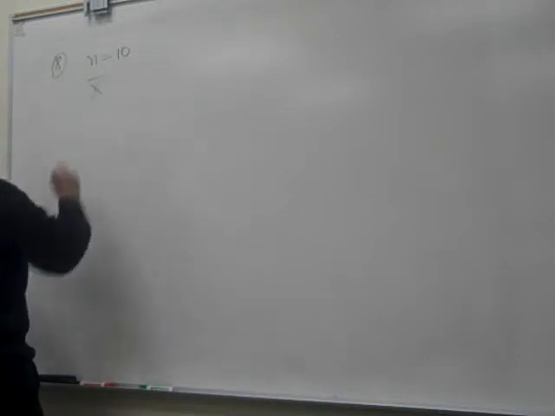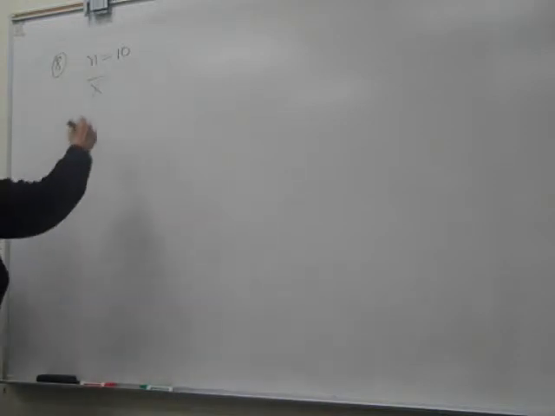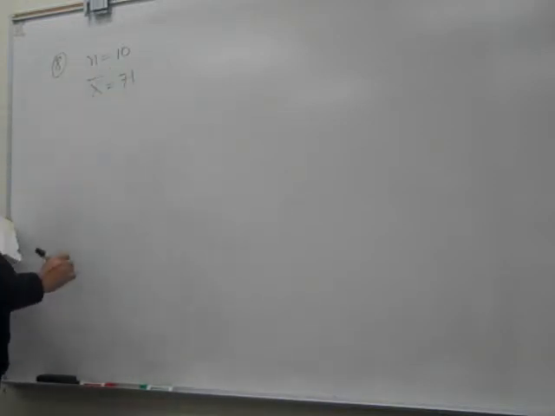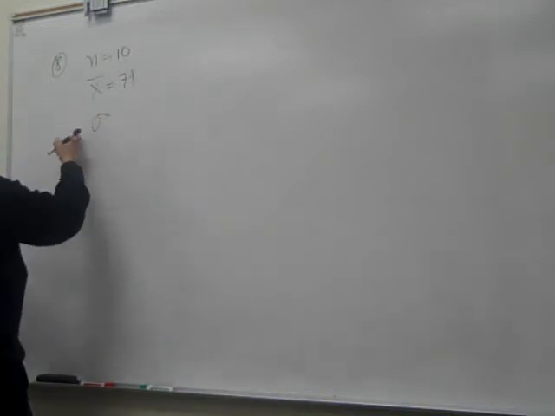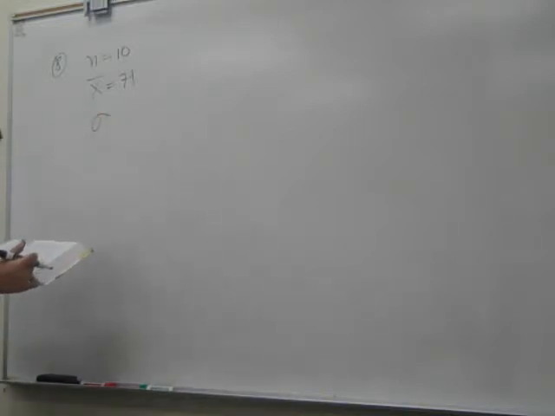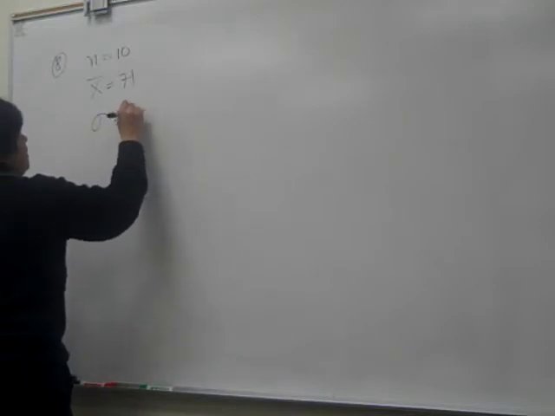So sample mean, X bar equal to 71. Past data indicates that the population standard deviation sigma has been relatively stable, sigma equal to 5.